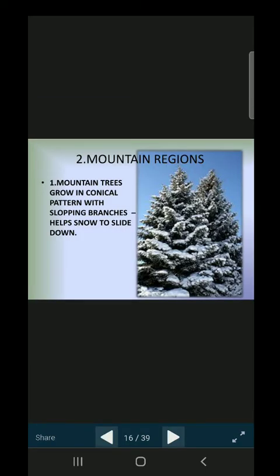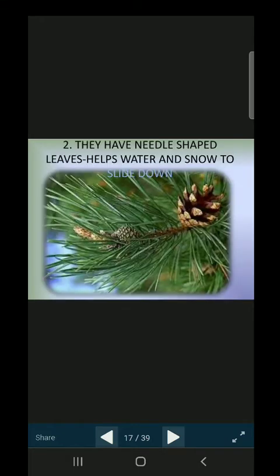Next is mountain regions. In the mountain region, the trees grow in a conical pattern with sloping branches, as you can see in the picture. And what does it help with? It helps the snow to slide down properly so that the plants can do photosynthesis properly. In this region, the leaves have a needle-like shape.